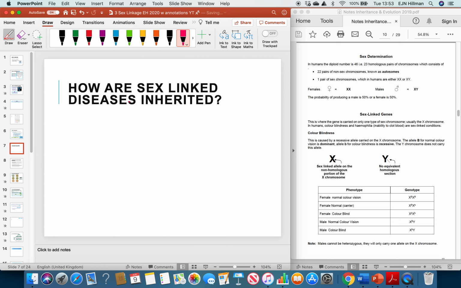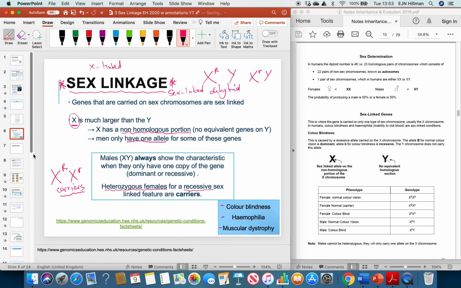So how are sex-linked diseases inherited? You've probably gathered already that a male can only donate an X or a Y to the offspring.